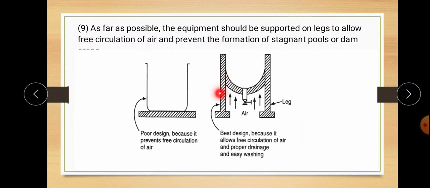The material is the same, the conditions are the same, the environments are the same, but because of this design, aeration is available, hence the rate of corrosion is least here as compared to the first design. Hence the first design is declared a poor design because it prevents the free circulation of air. But in this case, it is the best design because it allows free circulation of air, proper drainage and easy washing.